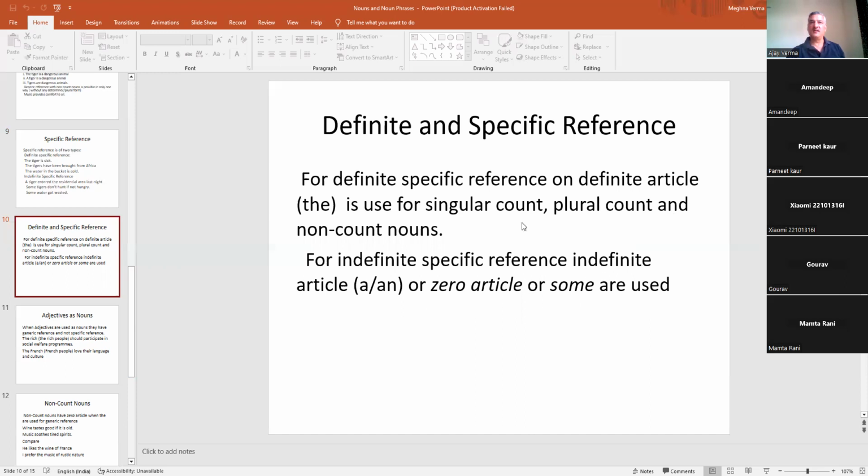The definite article the is used with singular countable nouns, plural countable nouns, and sometimes with non-count nouns to make the reference specific. For indefinite specific reference, on the other hand, we use a and generally an, and sometimes the zero article also.